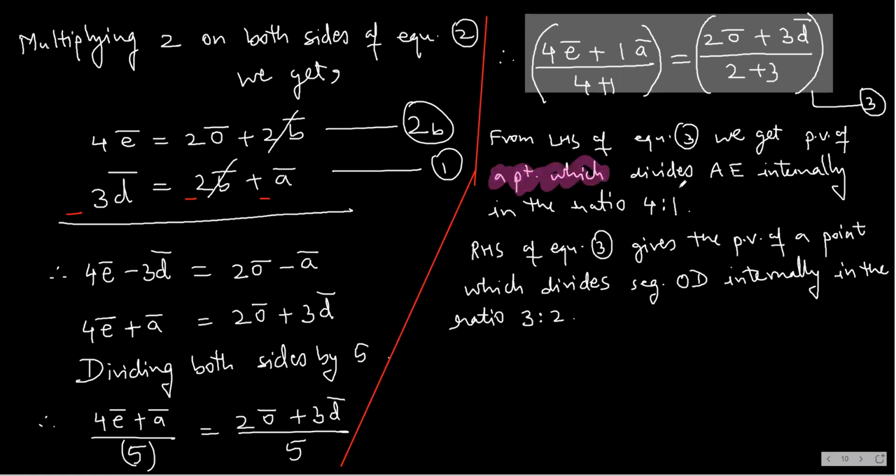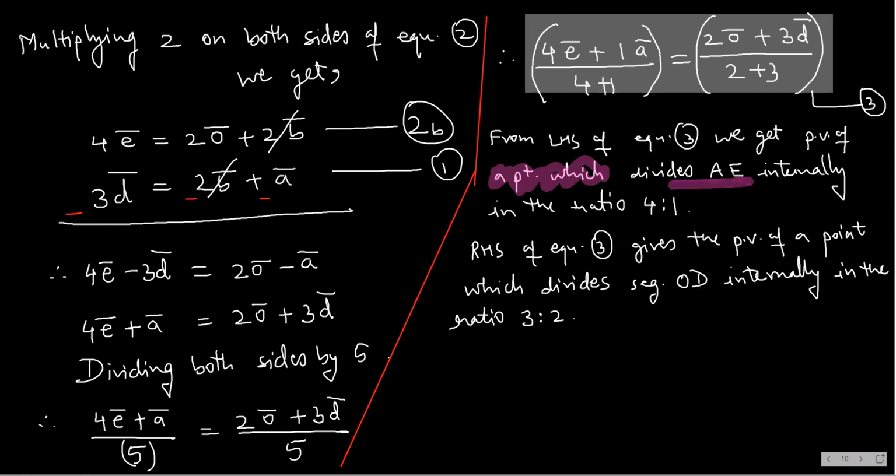The point which is dividing AE is also dividing segment OD. It means AE and OD are intersecting each other.